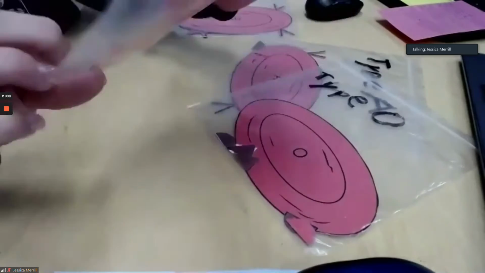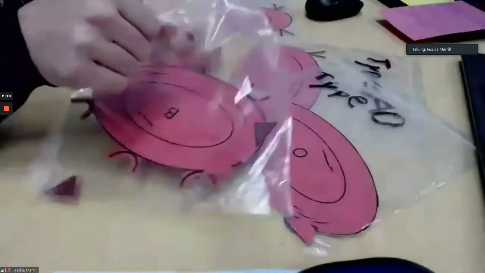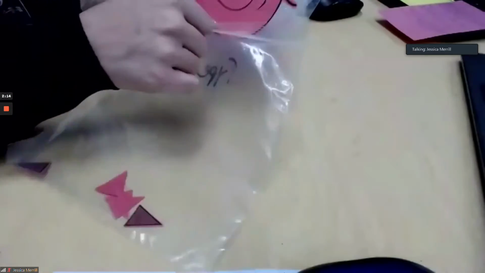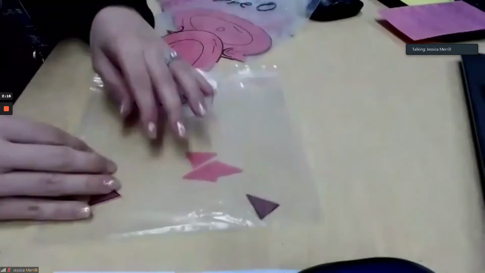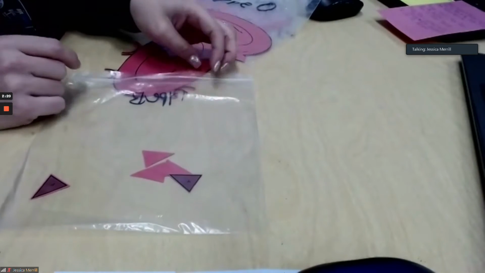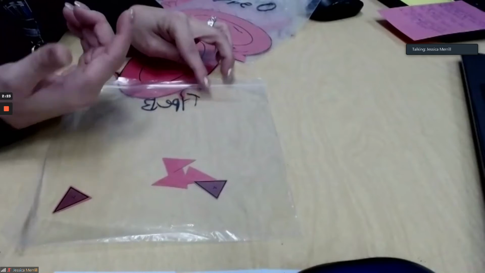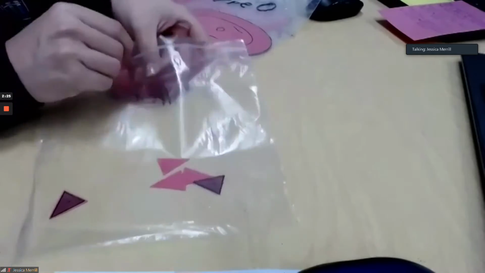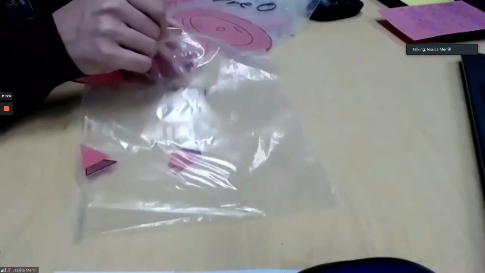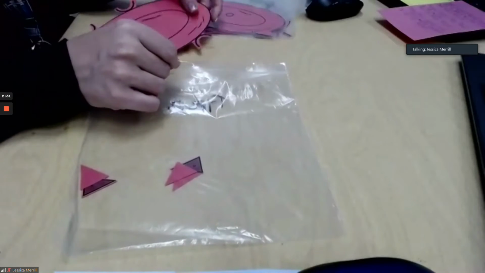And in the bag, it might be a little bit harder to see. If I take out the red blood cell, we have the antibodies. The antibodies are located in the plasma, so they're just floating around freely, ready to attack anything that looks like it should not be there.